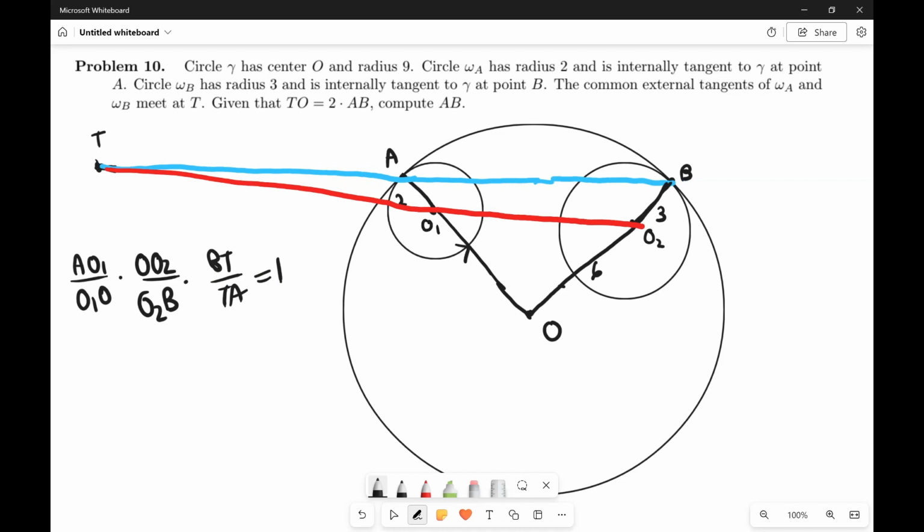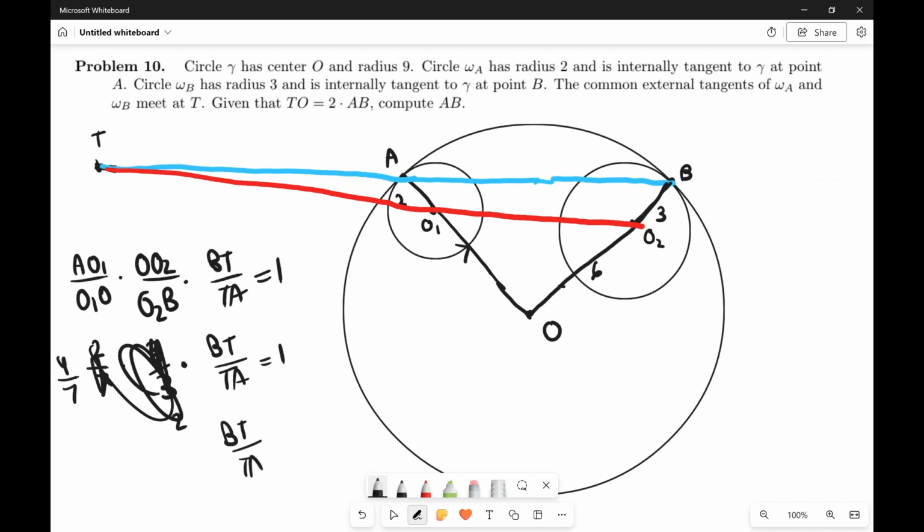Then plugging in the given side lengths gives 2/7 times 6/3 times BT over TA is equal to 1. This just becomes 2, so that means that this is just 4/7. And therefore, BT over TA is equal to 7 over 4.